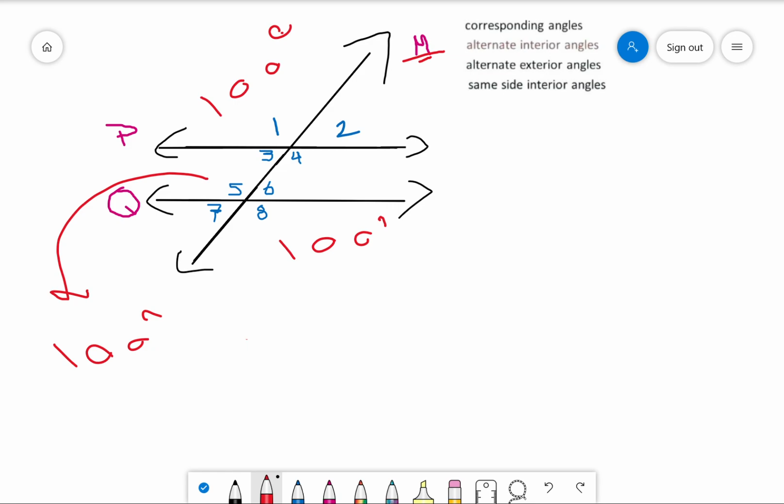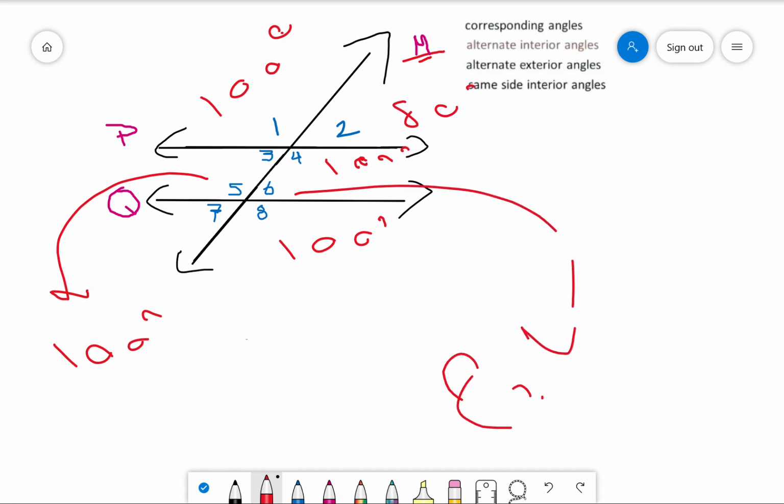Angle 2, for example, is 80 degrees. I also forgot, angle 4 is also 100 degrees, since angle 1 and angle 4 are vertical angles. Angle 2 is 80 degrees, and this means that angle 6 is also 80 degrees.